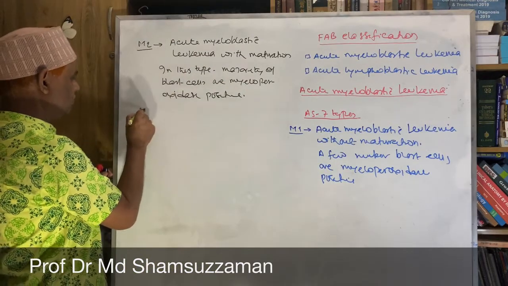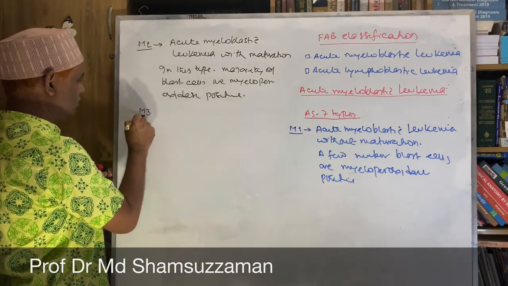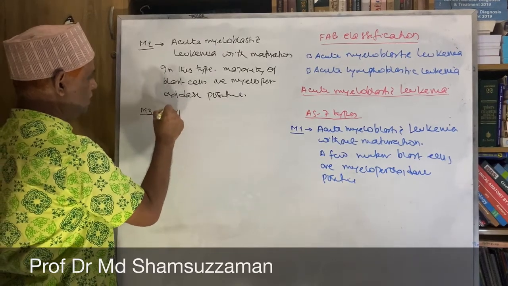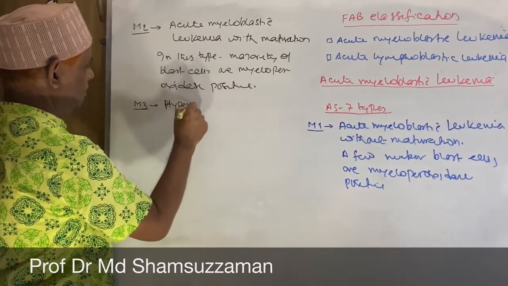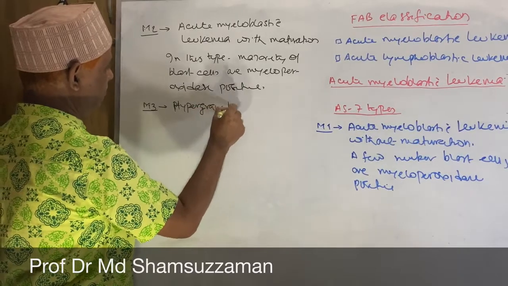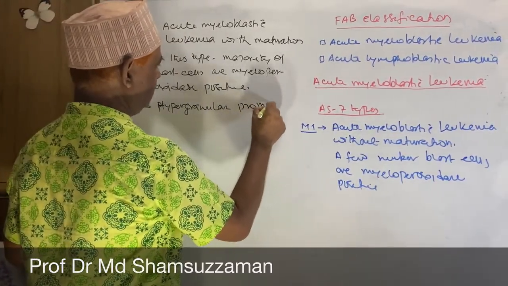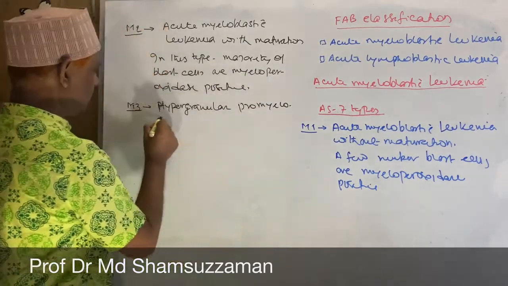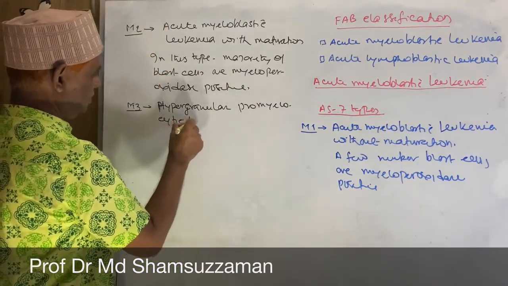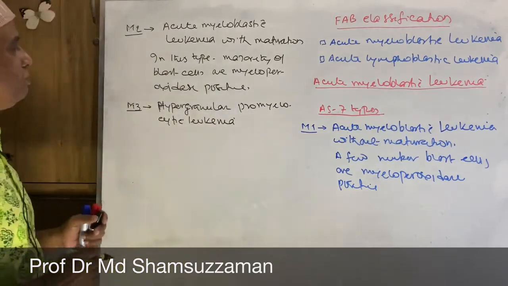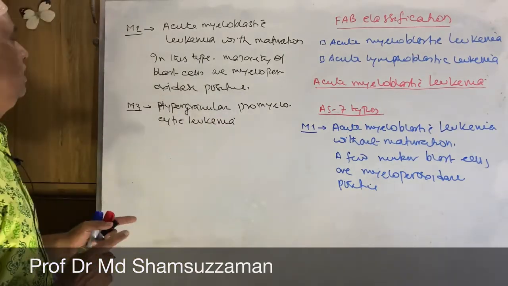M3 is hypergranular promyelocytic leukemia.